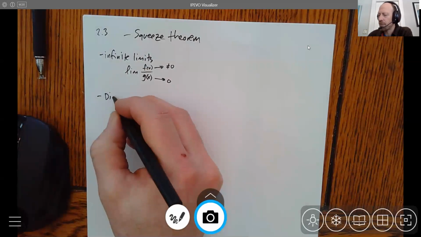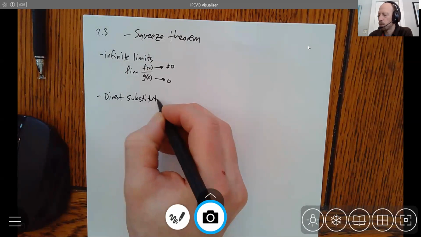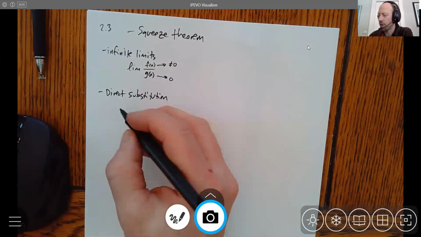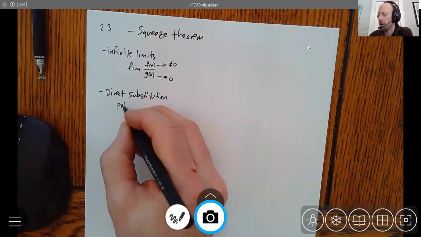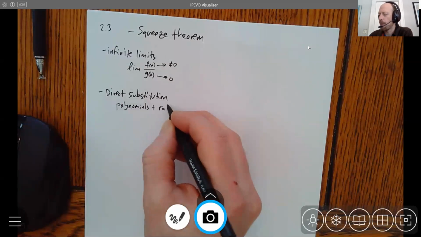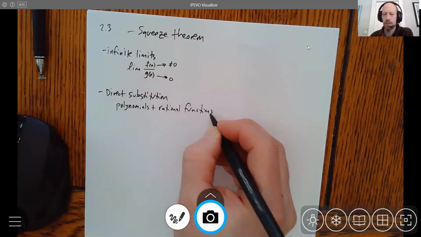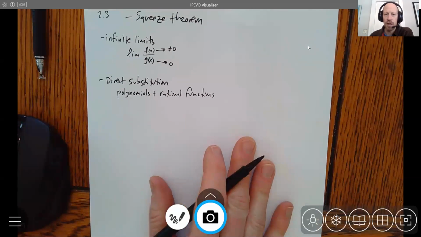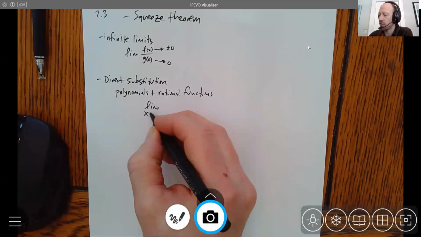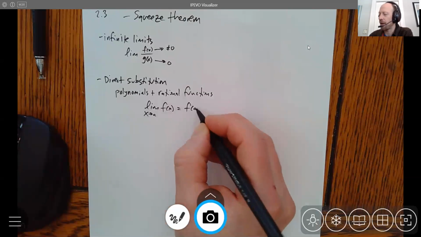We also have this method called direct substitution. That should be your very favorite method of all of these, right? Direct substitution, at the moment, we know it works for polynomials and rational functions. And that's where the limit as x goes to a of f of x is just equal to f of a, right?